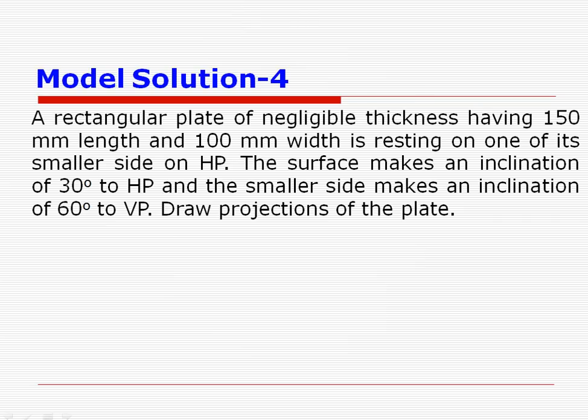Please note, in this the strategy should be that you attack the surface inclination first, even if the statement says the smaller side makes an inclination of 60 degrees with VP, which is given early. You should ignore that and rather attack the surface inclination first. You should identify what surface inclination is given.